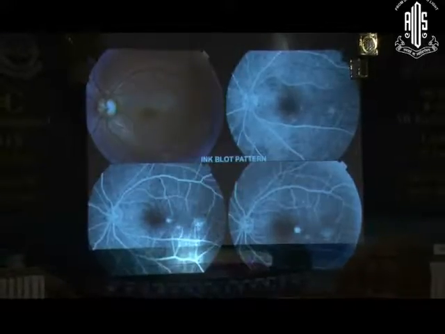And there is a smokestack pattern we can see from the right upper corner of the photo, then the left lower and the right lower you can see. And this is a reverse smokestack pattern. We can see the dye is pooling downwards.